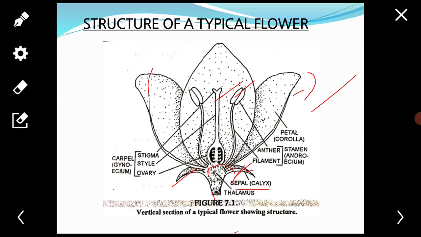The petals and sepals together form the floral envelope. Shape, size, and various other devices in corolla regulate the entry of the pollinators.